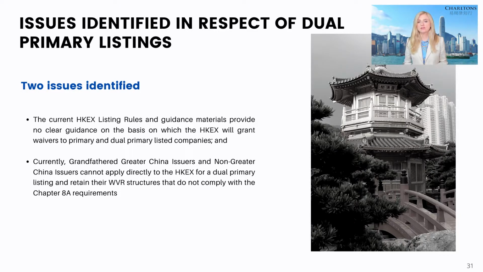Secondly, grandfathered Greater China issuers and non-Greater China issuers cannot apply directly to the Exchange for a dual primary listing and retain their weighted voting rights structures that do not comply with the Chapter 8A requirements for weighted voting rights structures of primary listing applicants, and/or VIE structures that don't comply with the narrowly tailored requirements of the Hong Kong Exchange's listing decision 43-3.